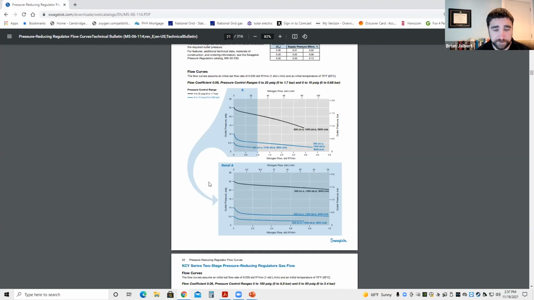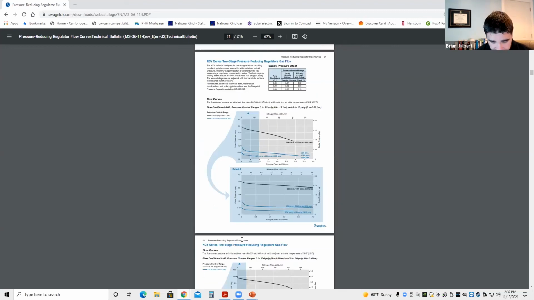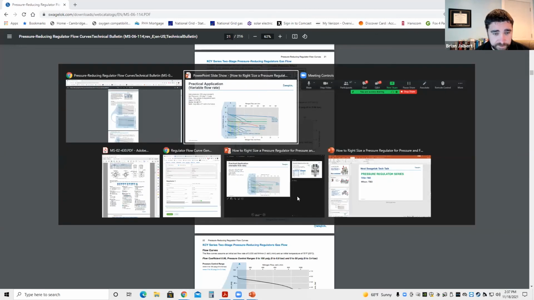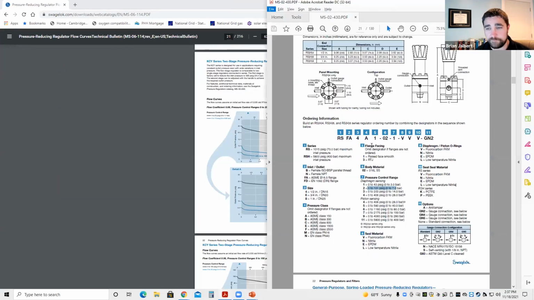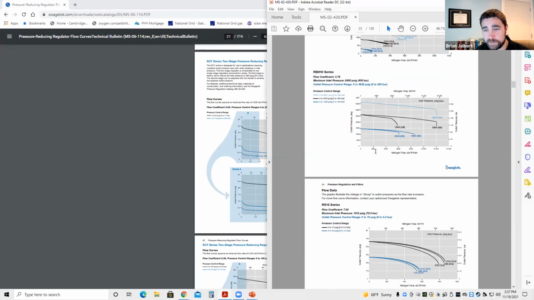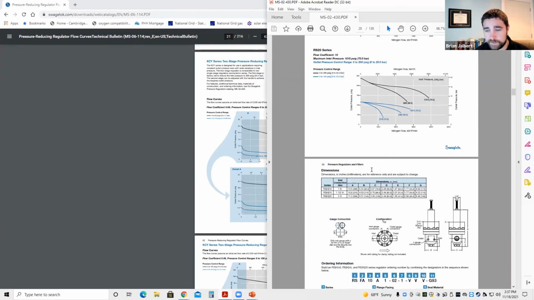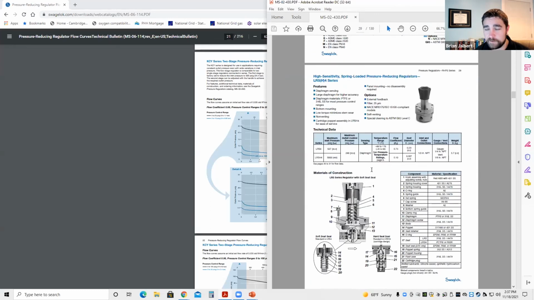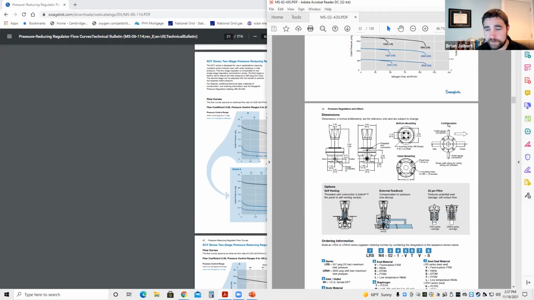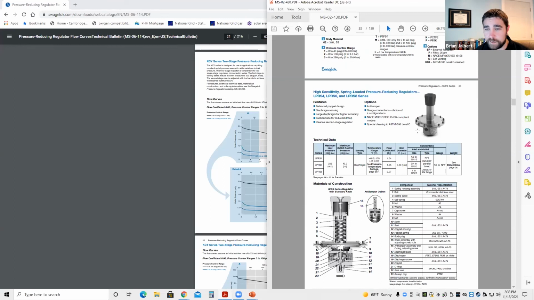And then there's also another type of regulator I'll show you. This is your standard spring-loaded regulator. As long as it's low pressure, you can use what we call an LPRS regulator. It's essentially a very large diaphragm regulator like this.